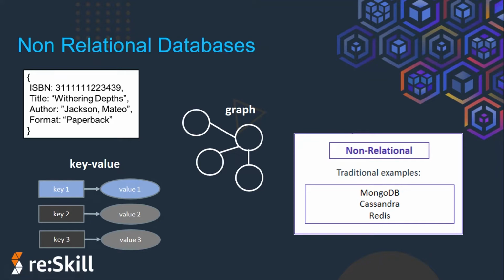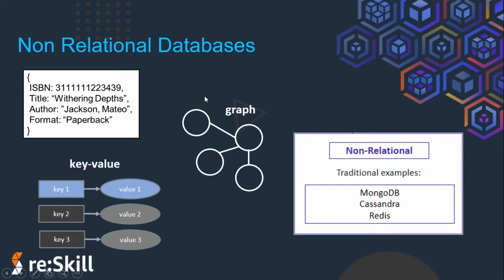But to differentiate and categorize these new classes of databases and data models, the term NoSQL was coined. This NoSQL term and the non-relational term can be used interchangeably. It basically means the same thing.